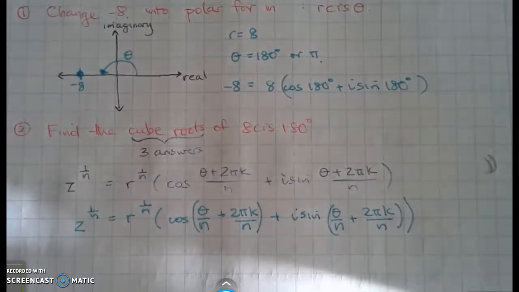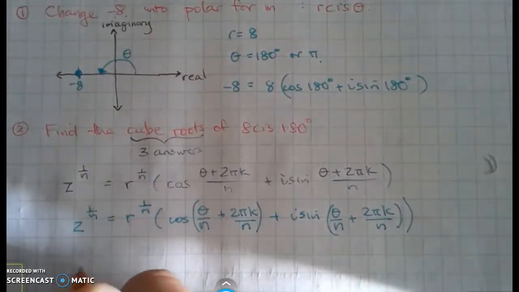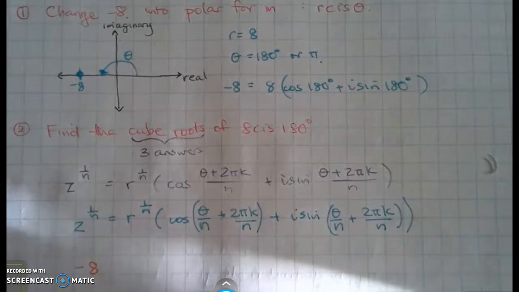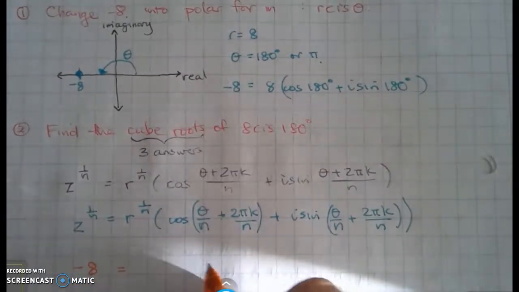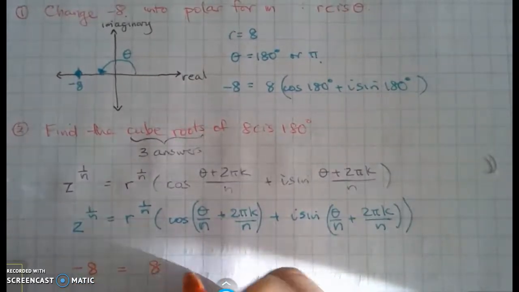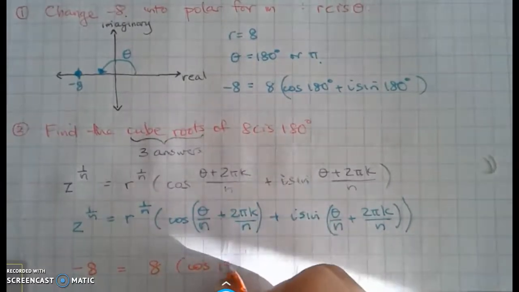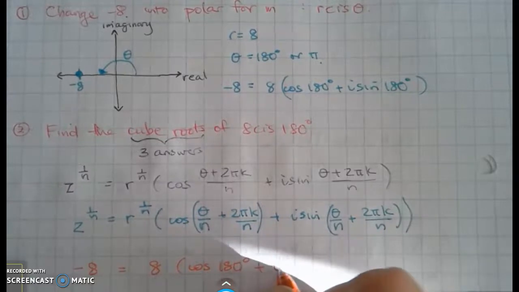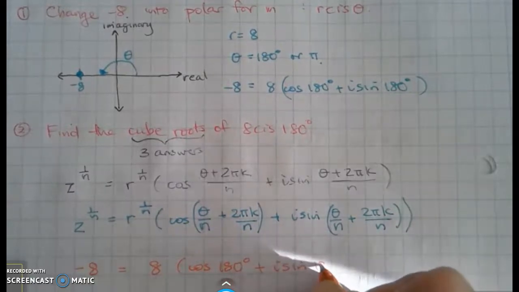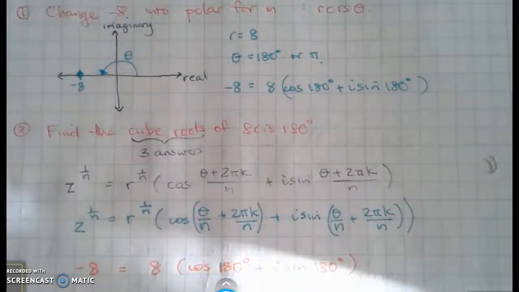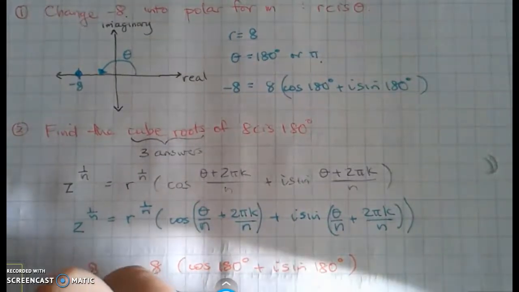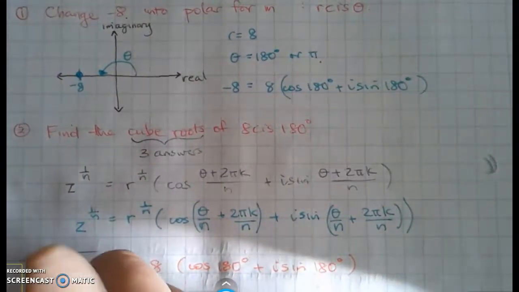So, let's go back to our problem. My original problem is finding the cube root of -8, and we have found that -8 in polar form is 8 cosine of 180 degrees plus i sine of 180 degrees. So what I am doing now is taking the cube root of it.